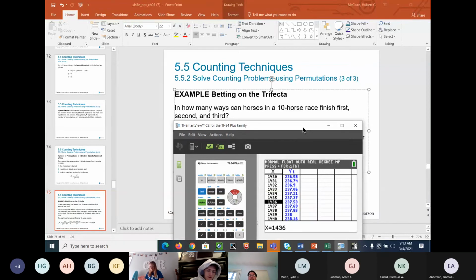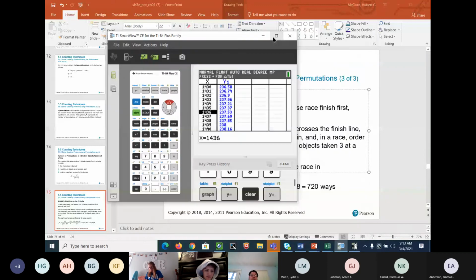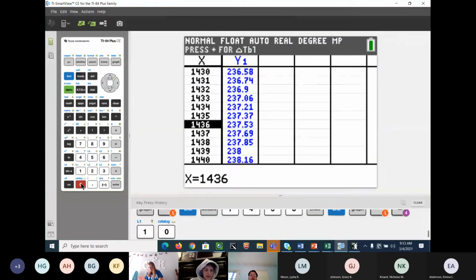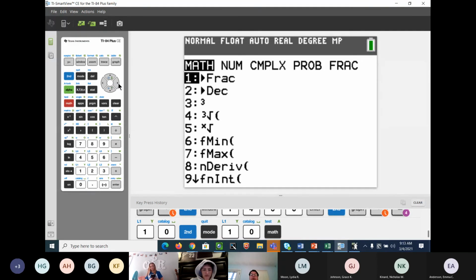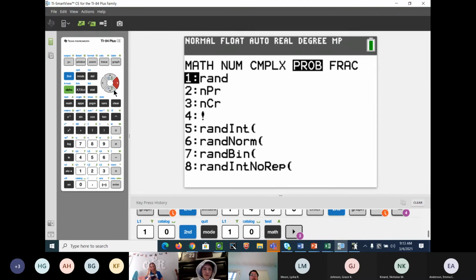So you take your handy-dandy calculator and you type 10, because 10 is your biggest number, that's n. Then hit math, go over to probability, and there is your nPr.